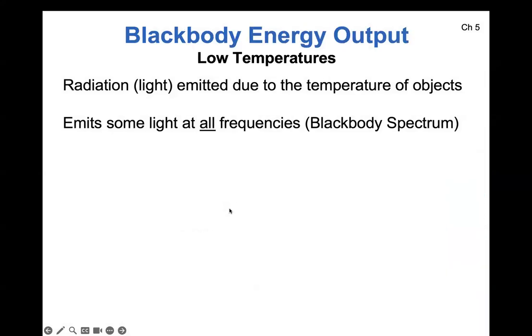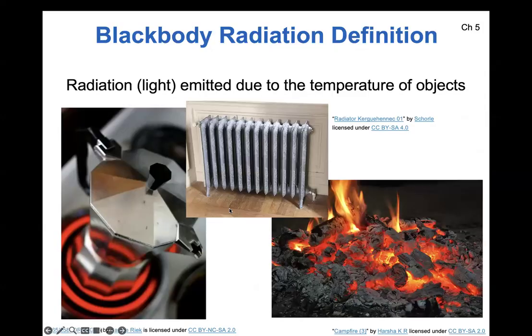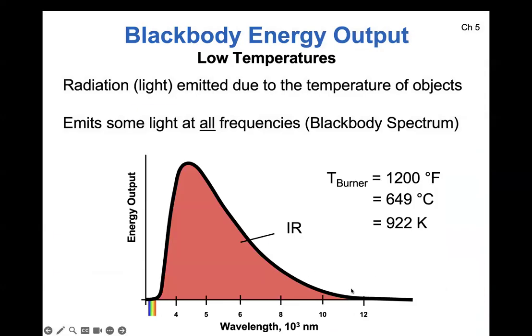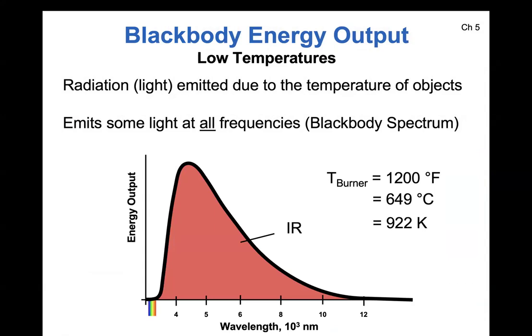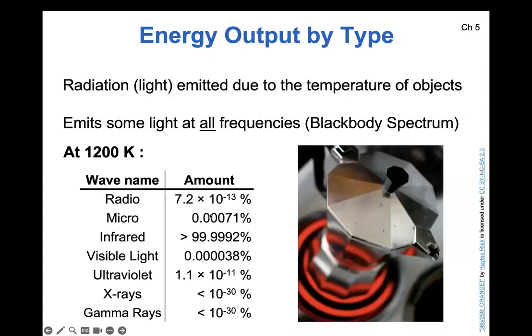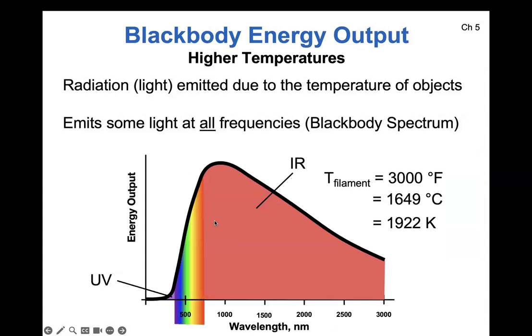So a tiny fraction of the light is radio waves, that's like the tail over here. Tiny portion is radio waves. Very small portion in the microwaves. The vast majority would be infrared. So in other words, this curve is pretty solidly an infrared curve, with a little bit bleeding into visible and maybe a little bit bleeding into microwaves.